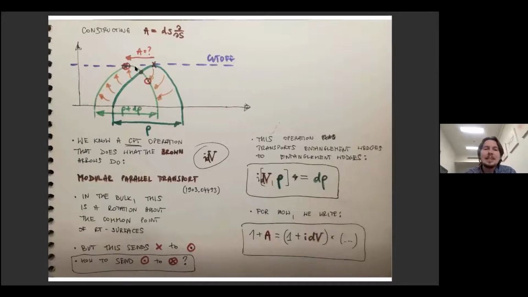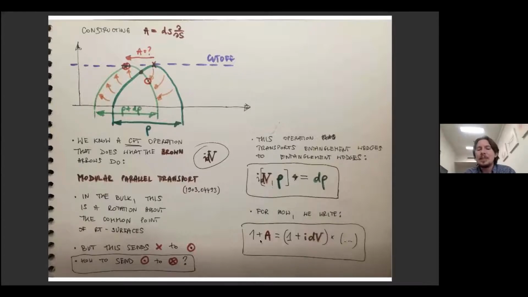So it's not sliding, it's actually rolling, if you think about what it's doing relative to the cutoff surface. But I'm going to construct A as a sequence of that operation and something else. If I find another operation which takes me from here to here, then the overall operation will be just what A is supposed to do.